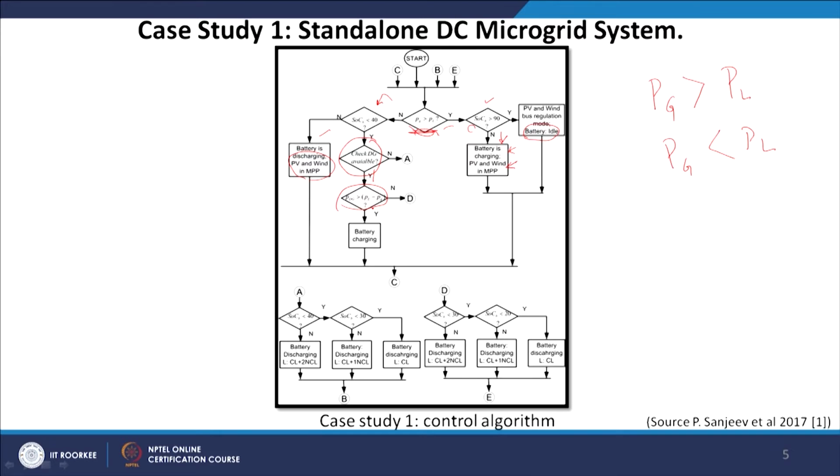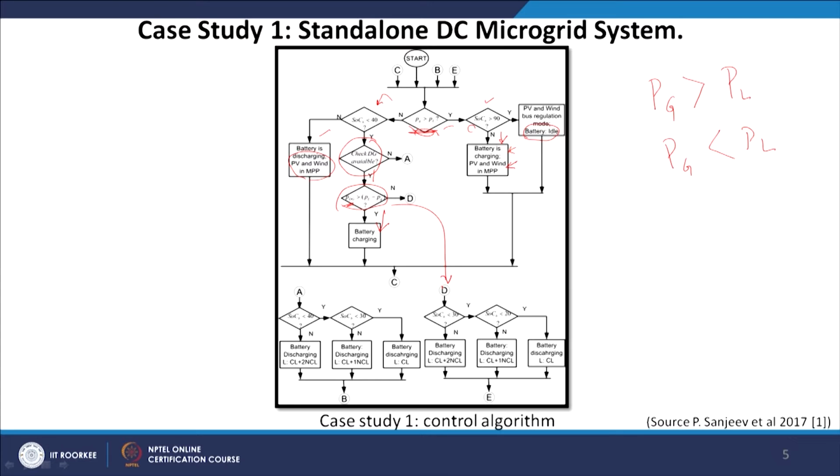Whatever the gap between load and generation can be taken from my diesel generator. Now, if the diesel generator has excess, then I can allow my battery to charge, and if not, then I will come further to this point.